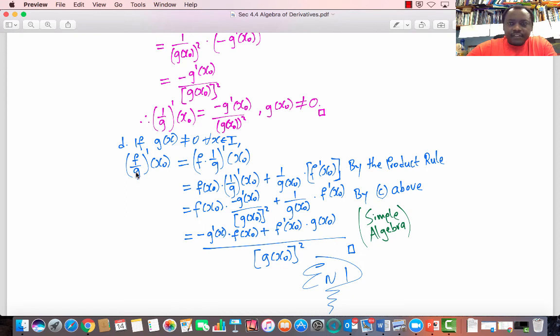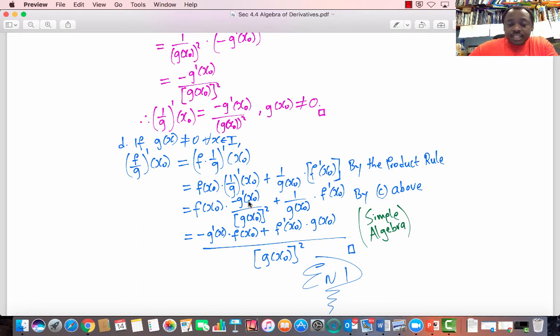If g of x is different from 0 for every x in our domain I, let's go ahead and get a formula for f divided by g, all of that prime at the point x naught, which is our quotient rule. We observe that we can write f divided by g as f times 1 over g. We already proved the product rule, so we can use it. So by the product rule, this would give us f of x naught times 1 over g prime at x naught plus 1 over g at x naught times f prime at x naught.